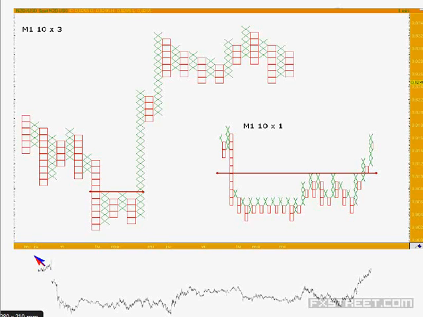And this is one of the advantages of the point and figure, that you can use minute data or even tick data, and compress it into a very nice size in your window, and understand, interpret and act upon that price action. Okay, which is impossible to see in a compressed minute to minute chart using other chart types.